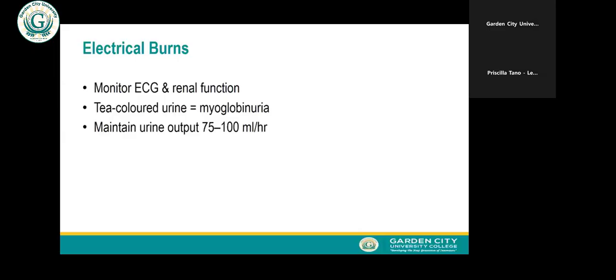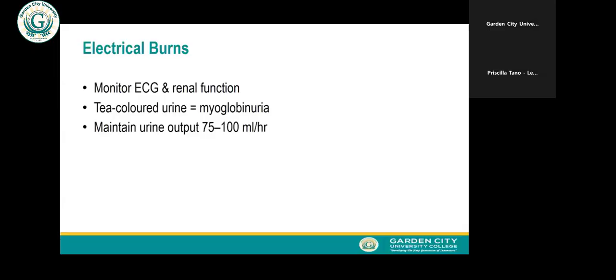When you suspect myoglobinuria, patients will exhibit tea-colored urine. You want to maintain urine output at 75 to 100 ml per hour to minimize the precipitation of myoglobin.